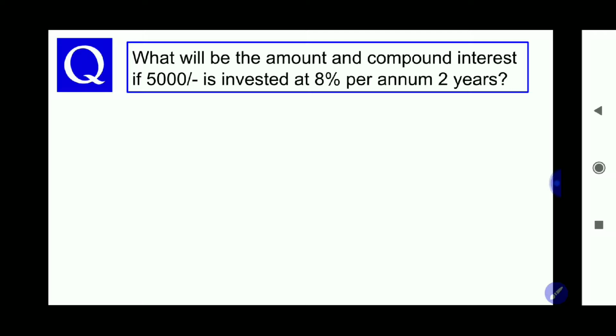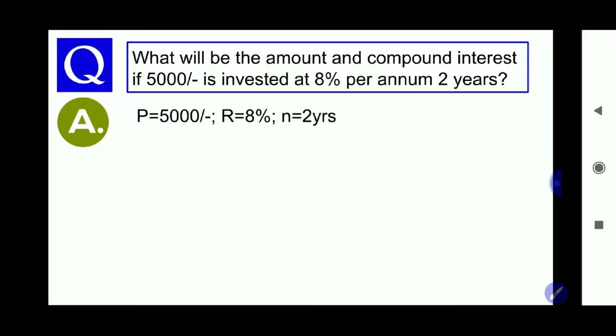Now let us solve a small question. What will be the amount and compound interest if 5,000 rupees is invested at 8% per annum for 2 years? In this question, P is 5,000, R is 8%, number of years or number of terms is 2 years.